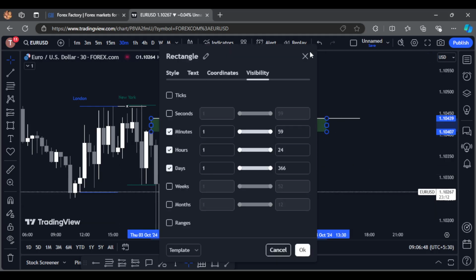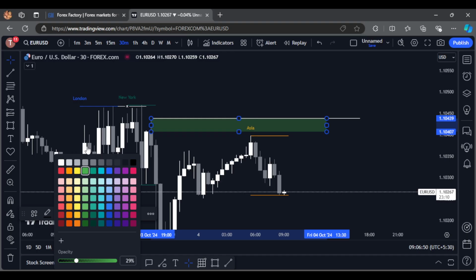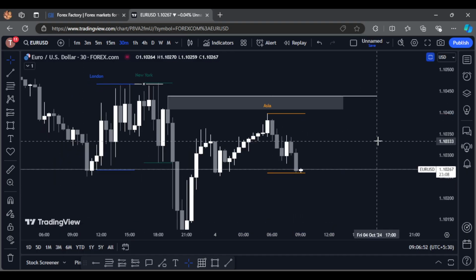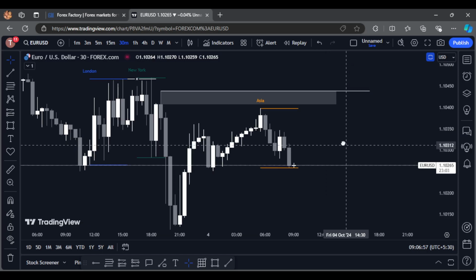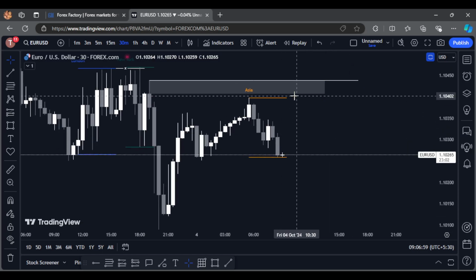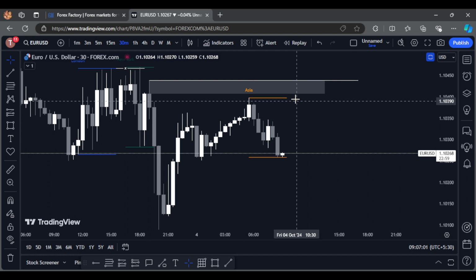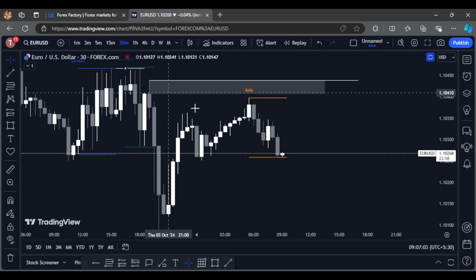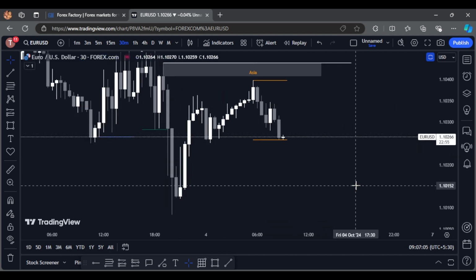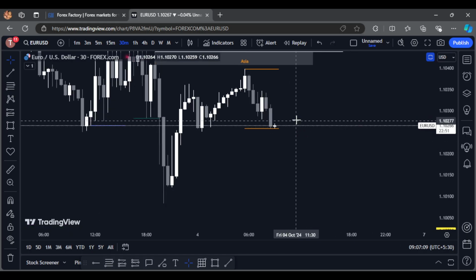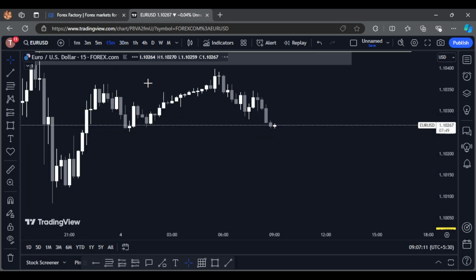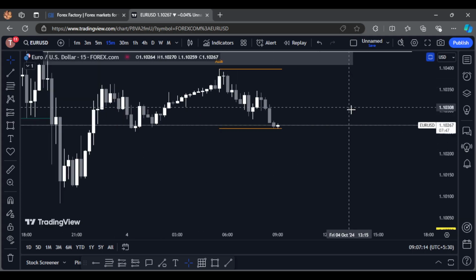We are having this unmitigated wick into the market, and this could be the last point from where the price can react. That means if in London session we are going to take the Asia high, most likely we can react to this unmitigated wick and then possibly go into the downward direction. Else, we can possibly take the 50% of the Asia. That is, let's move to the 15 minutes.